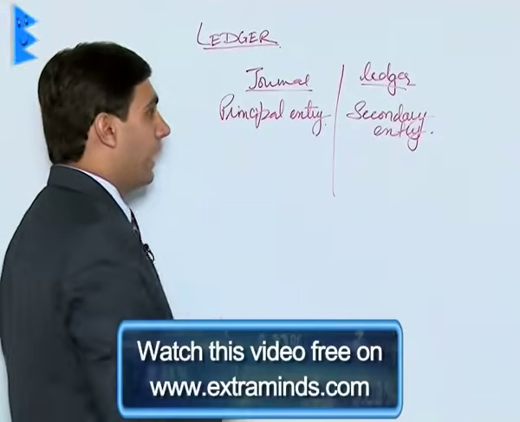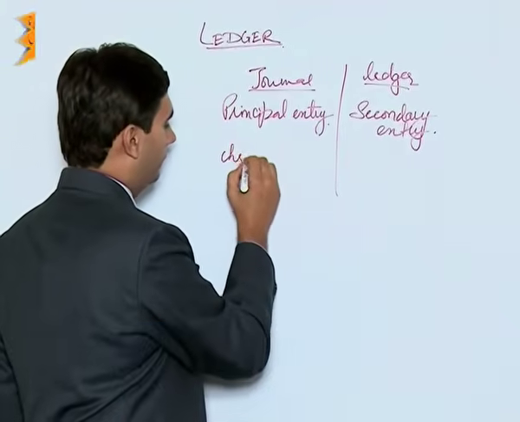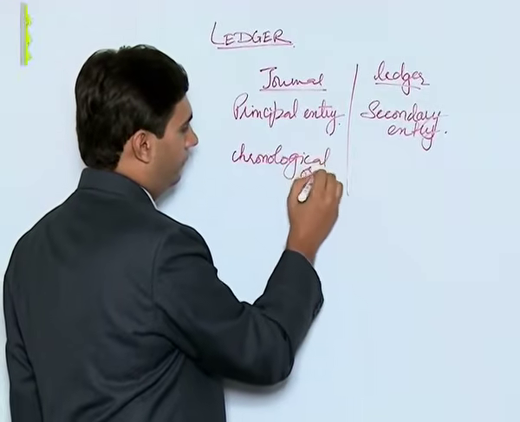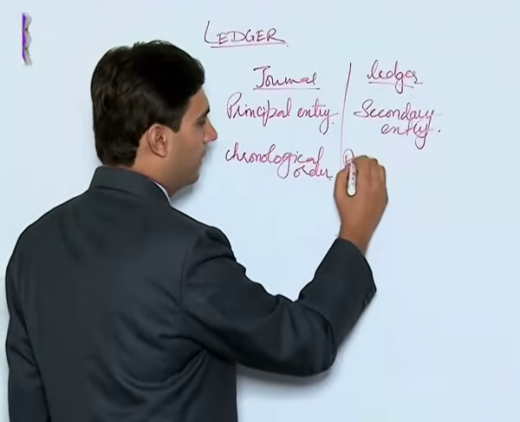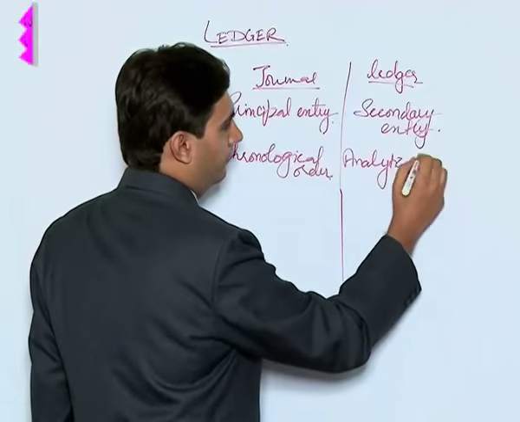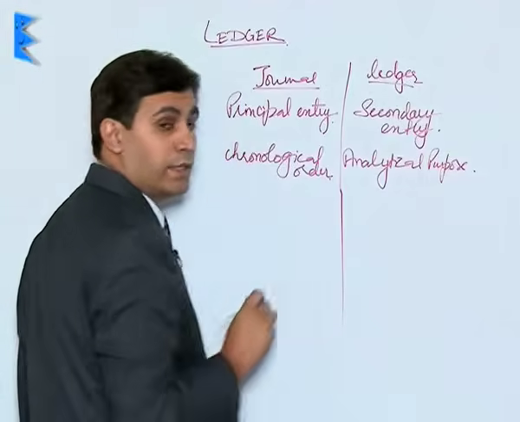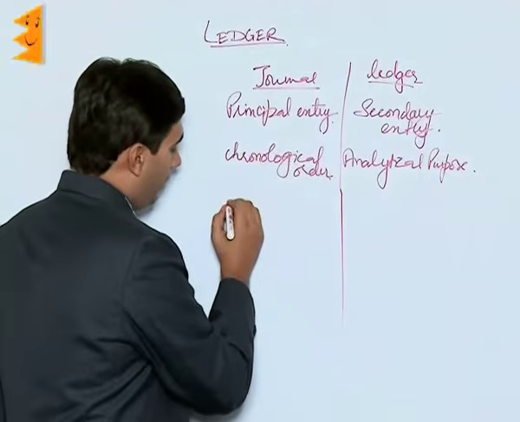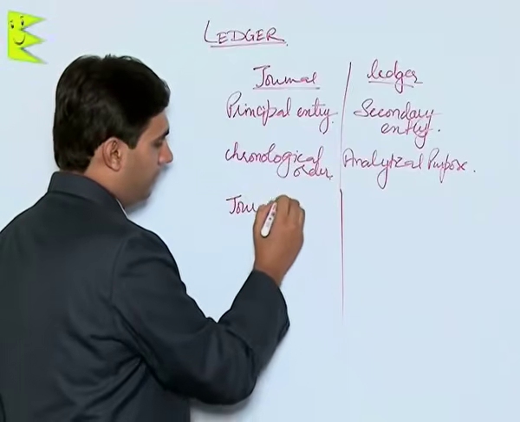Then students, in journal the entries are recorded in chronological order, whereas ledger is used for analytical purposes. Then in journal, whenever we pass an entry, it is called journalizing.